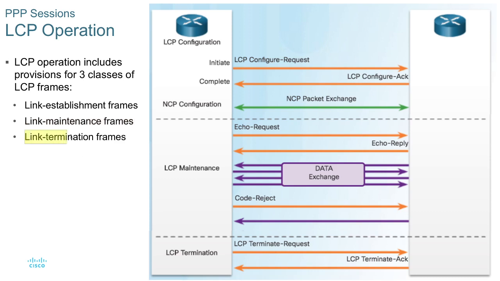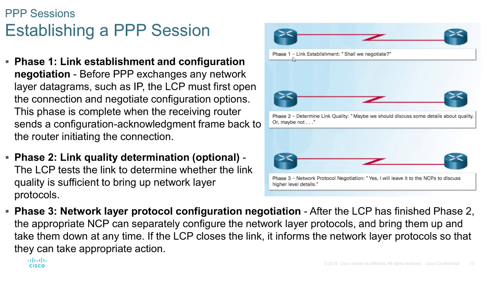And at last, when the use for the link is completed or there's a need to terminate, then LCP can send a terminate request, and then the terminate request will be acknowledged, and then it can gracefully terminate out of that link. So link establishment will happen at the LCP level, then the network protocol level establishment will happen at the NCP level.